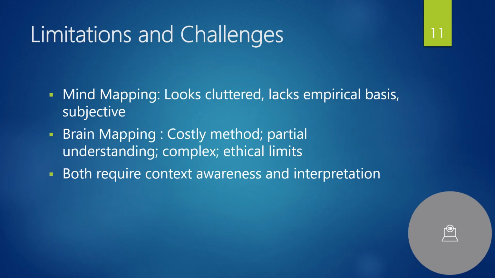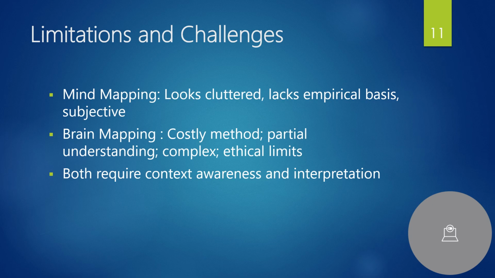I have tried to explain some limitations and challenges of both. As I previously explained, mind mapping may look a bit cluttered and lack a strong empirical basis. It can be quite subjective at times.